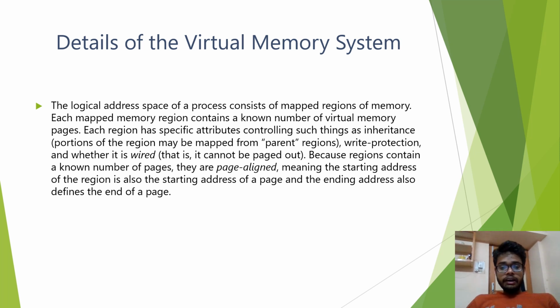Wired means it cannot be paged out. Because the region contains a known number of pages, they are page aligned, meaning the starting address of a region is also the starting address of a page, and the ending address also defines the ending of a page.